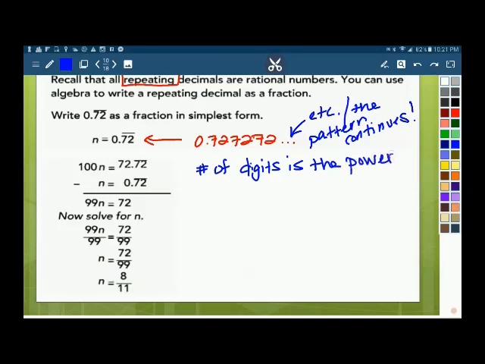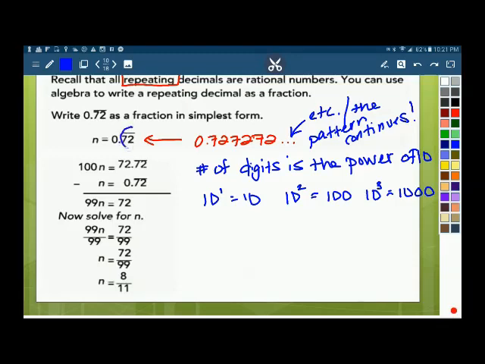Now what I mean by power of 10 is like 10 to the first power is equal to 10. 10 to the second power, or 10 squared, is 100. 10 to the third power is 1,000. So however many digits are being repeated is the power of 10 you should multiply each side by.